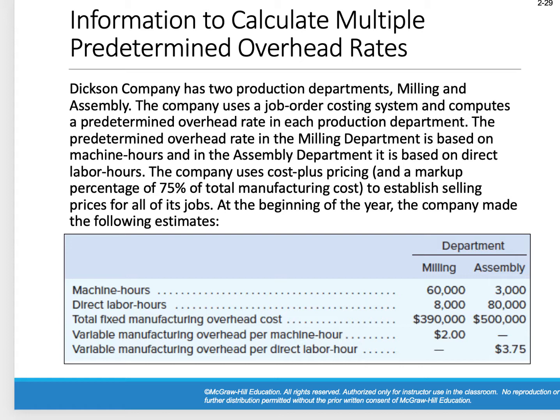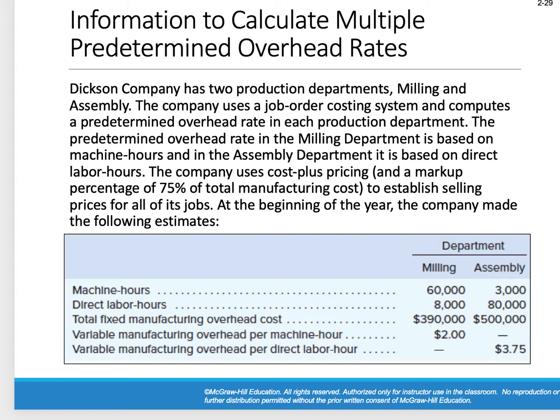And they compute the predetermined overhead rate in each production department. That means that we have multiple predetermined overhead rates, one for milling and then one for assembly.